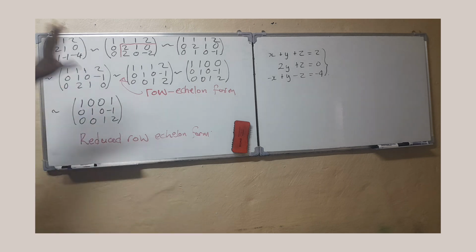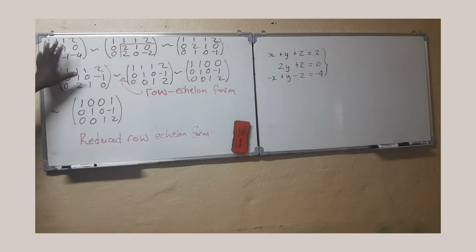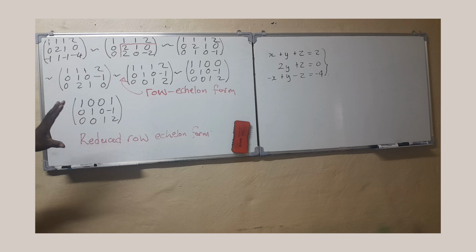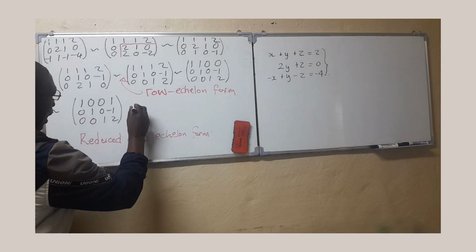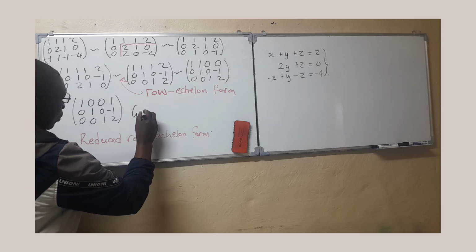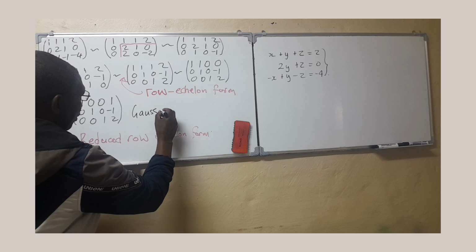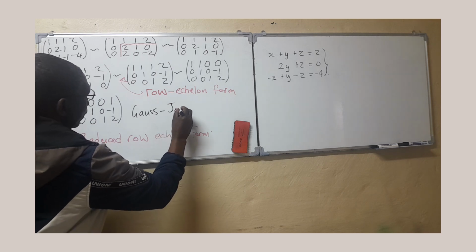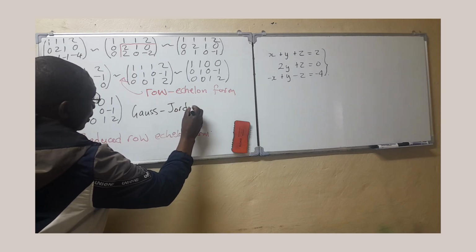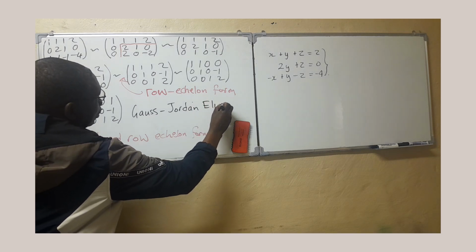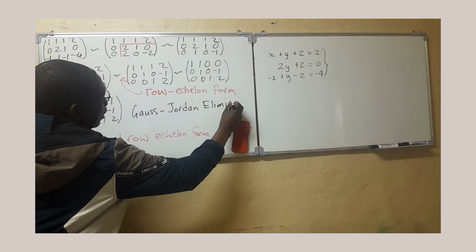And this whole operation that we performed on our augmented matrix is called the Gauss-Jordan elimination. It's named after Gauss, the famous mathematician. Jordan is also another guy. Gauss-Jordan elimination.